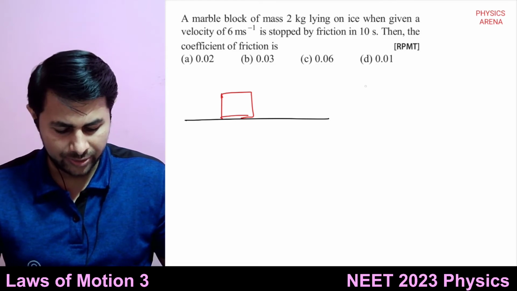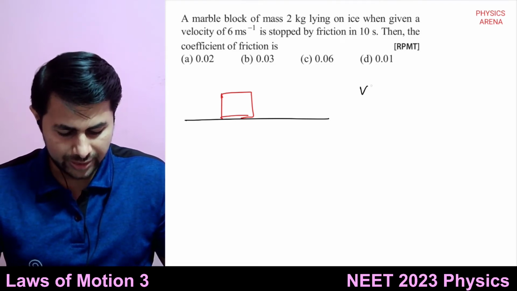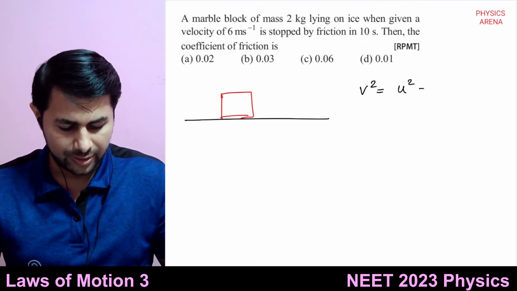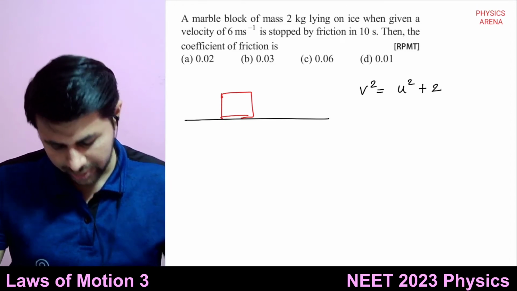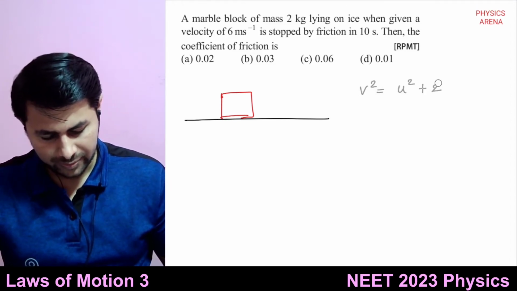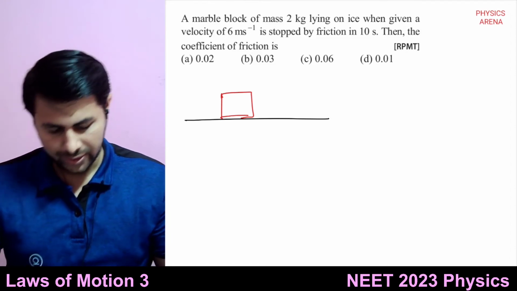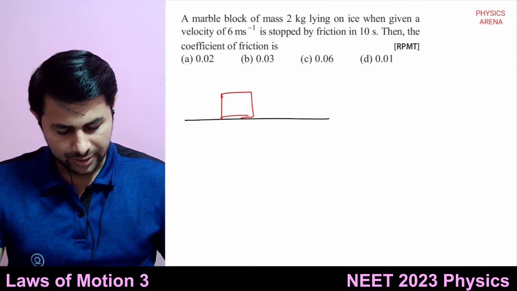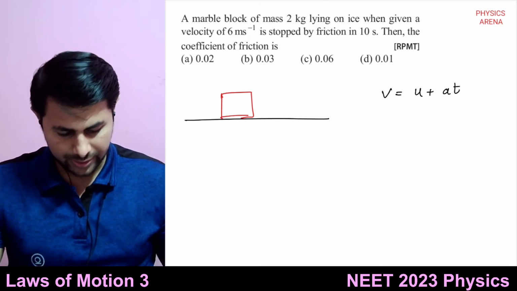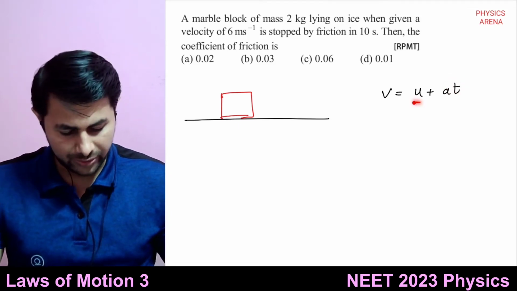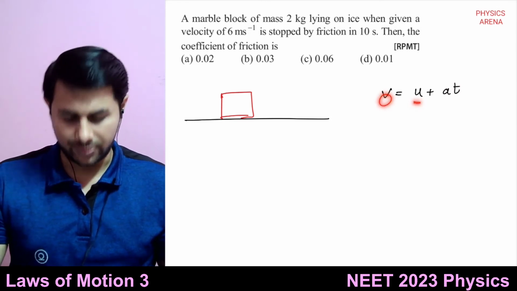We can use v equals u plus at, since it stops in 10 seconds. We have time, we have initial velocity, and final velocity is 0.